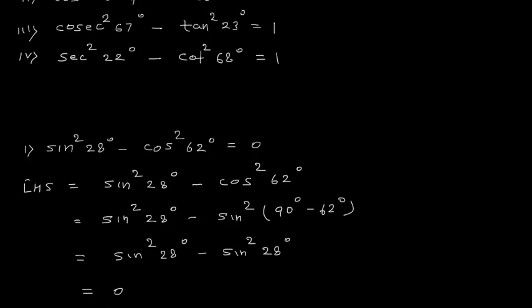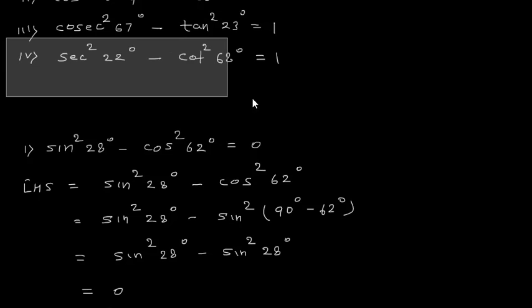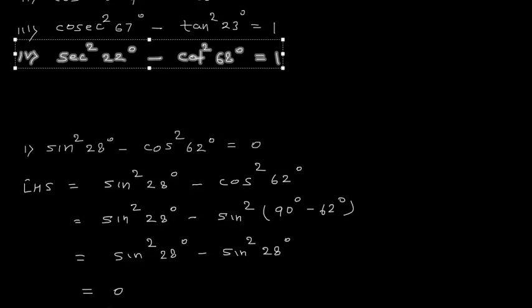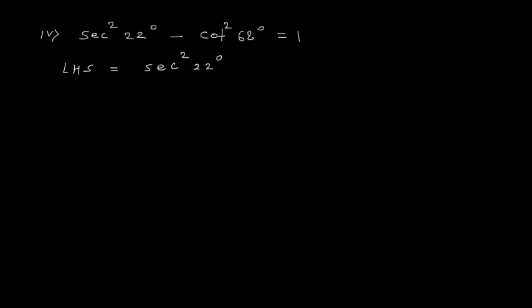Now the fourth question. Again you can pause the video and solve this fourth question by yourself. Simple, as we have done the third question, in the same way you can solve this fourth question also. So here what identity? 1 plus tan square theta is sec square theta. So you can say that sec square theta minus tan square theta is 1. So this cot square I will convert in tan. So let us take the left hand side, LHS. LHS is sec square 22 degree minus, this cot I will convert in tan.